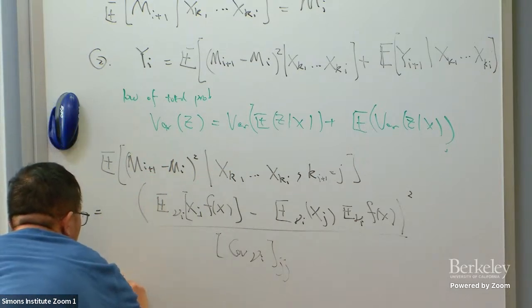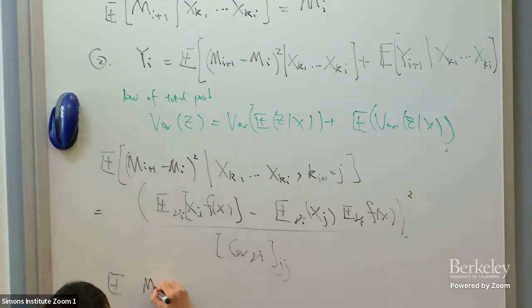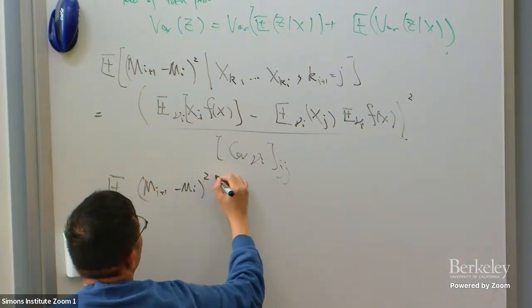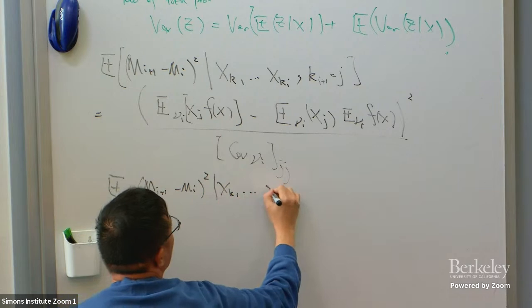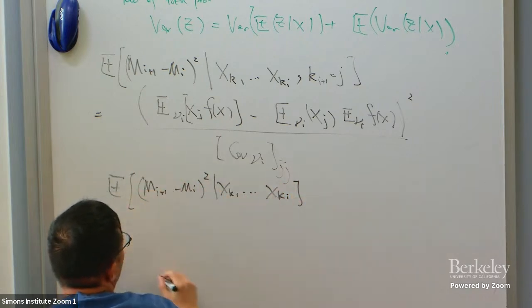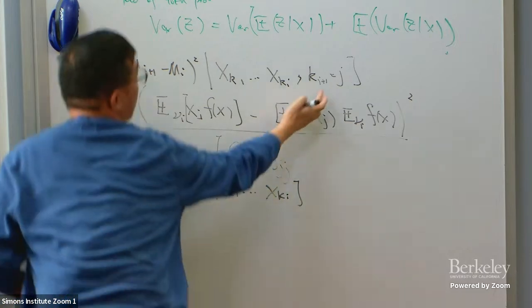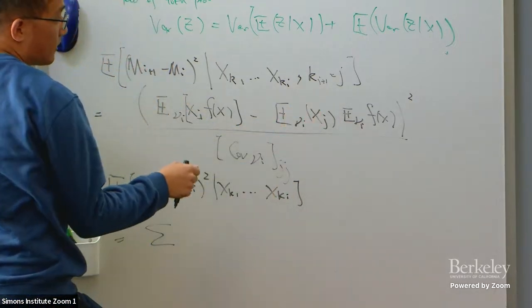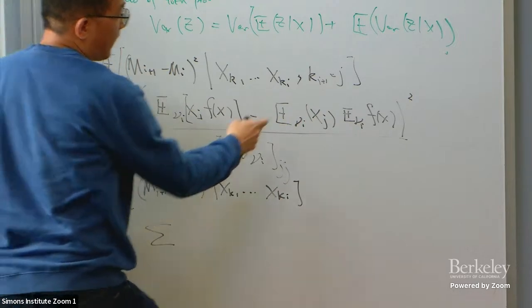You get something like the expectation of the sum over the probability of xki plus 1 equals j.